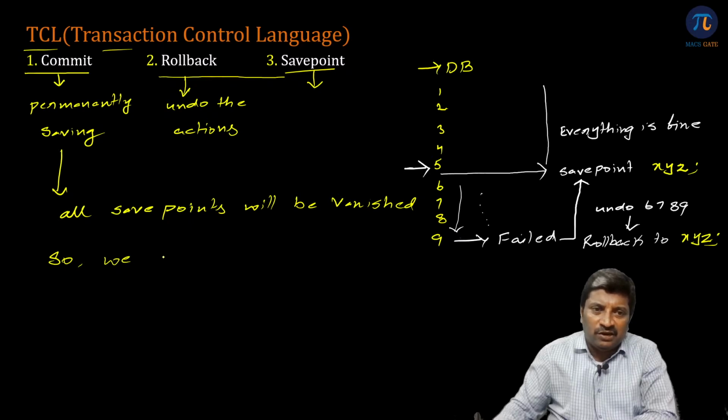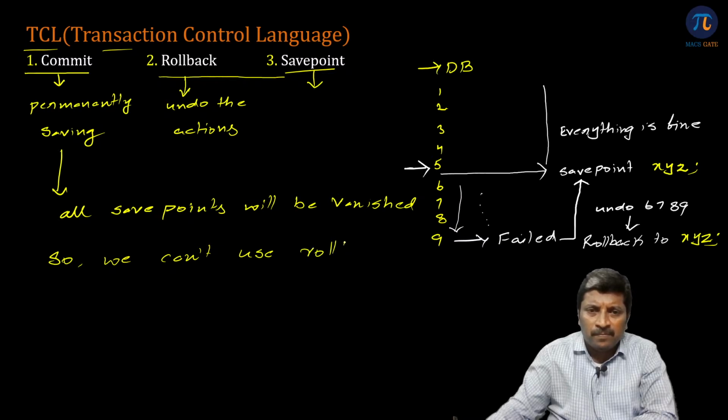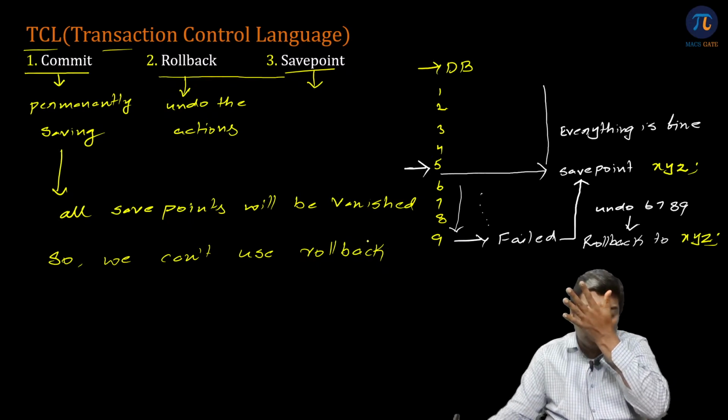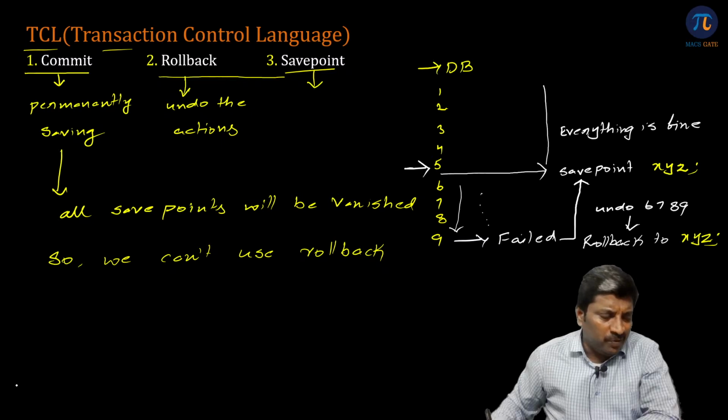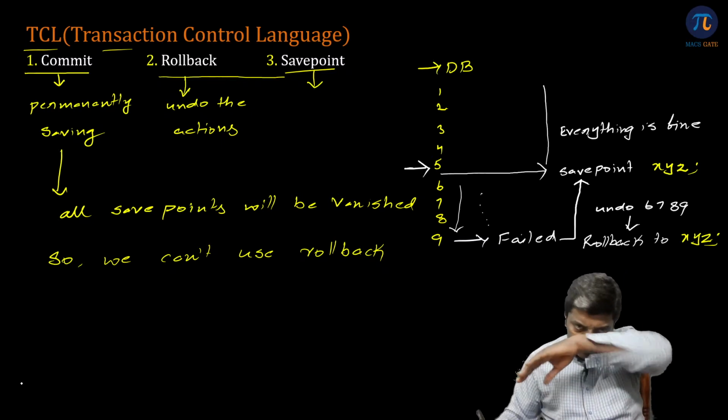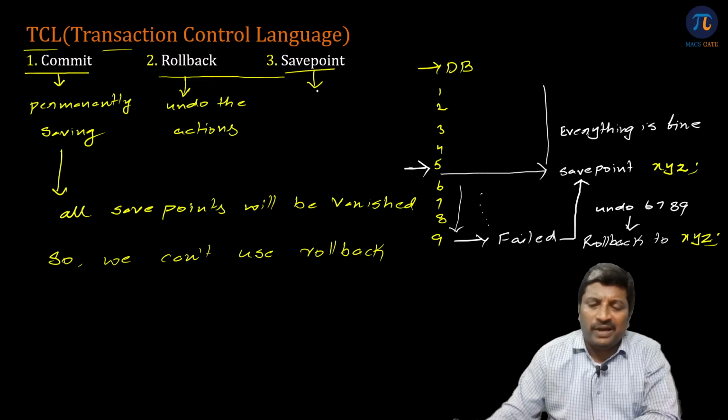We cannot use rollback because there is no save point, right? Hope you understood it. So this is the main point of commit, rollback, save point.